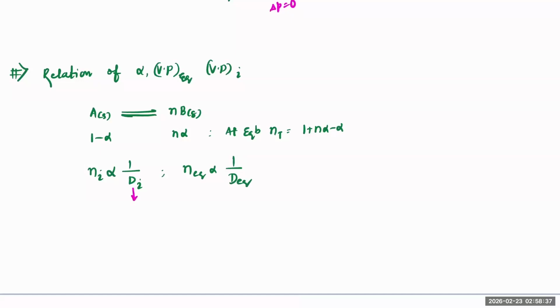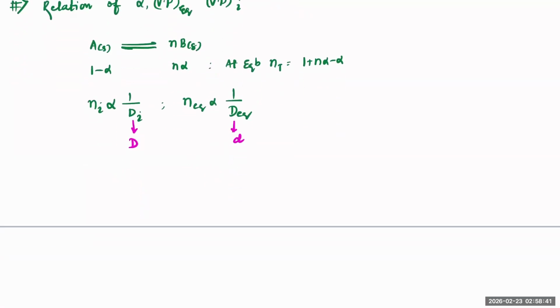Conventionally, we always take this as capital D and this as small d. So we can write n equilibrium by n initial is equal to D by d. That is, at equilibrium, 1 plus n alpha minus alpha by 1, which is equal to D by d. From here, I can write alpha is equal to D minus d by n minus 1 into d.